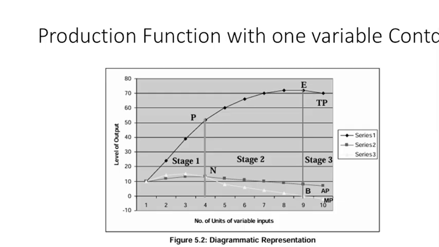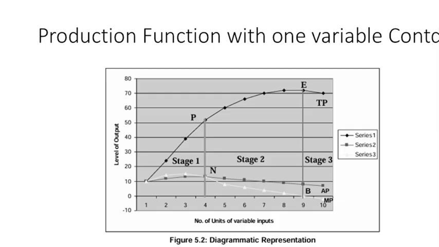Okay, in the earlier stage, the fixed factors are more and the variable factors are less. But here in this case, the variable factors are increasing more with respect to the fixed factors, and after point E, the variable factors are more.